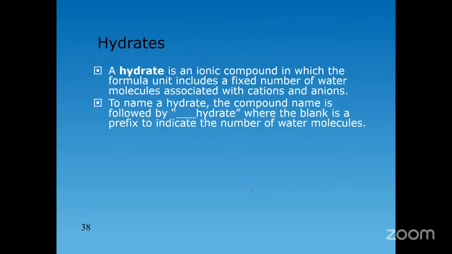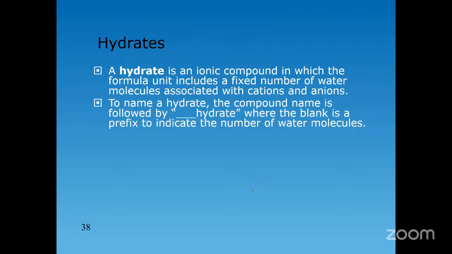When you're naming these compounds, you name the ionic part first, according to the rules that we covered earlier. And then the next part is where you indicate the number of water molecules, using prefixes along with the term hydrate. If it's 1 water molecule, it would end with monohydrate. If it's 2, dihydrate. 3, trihydrate, and so on, all right?